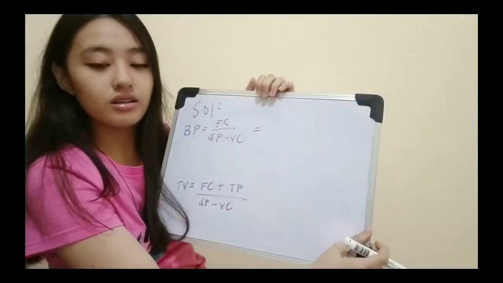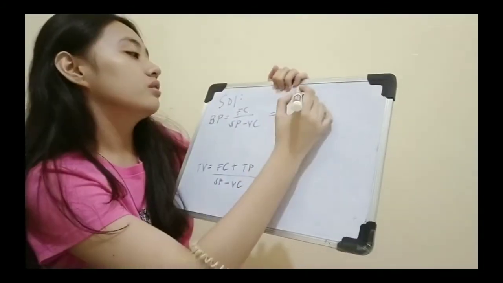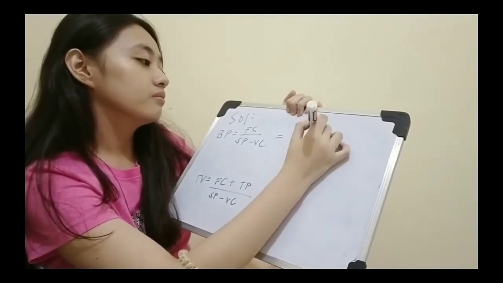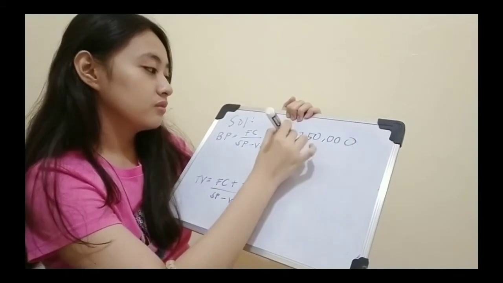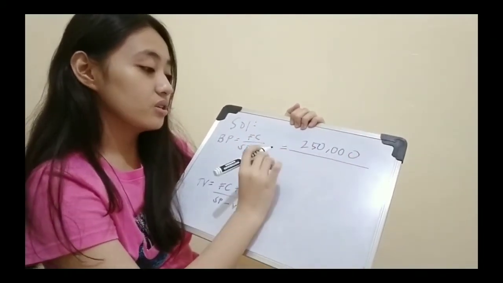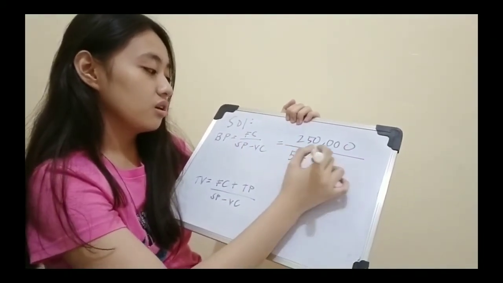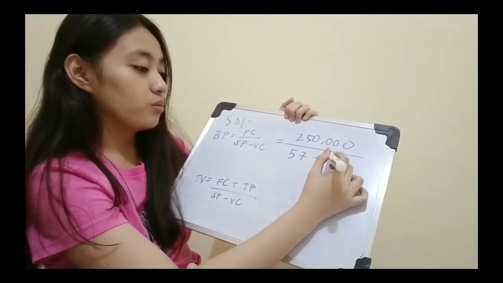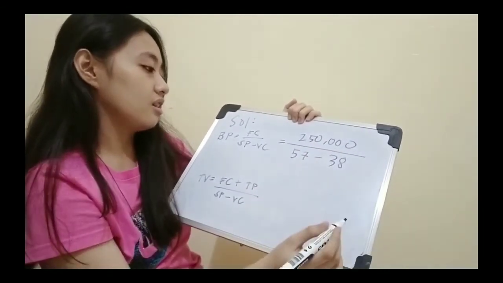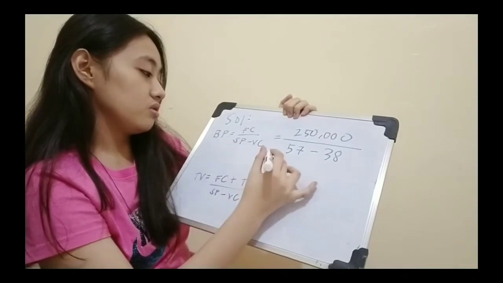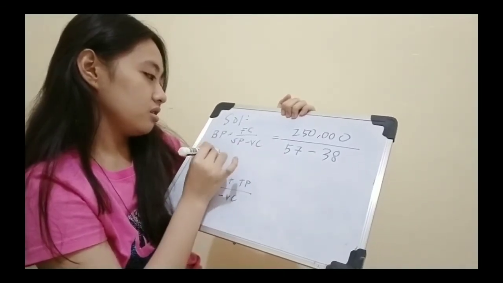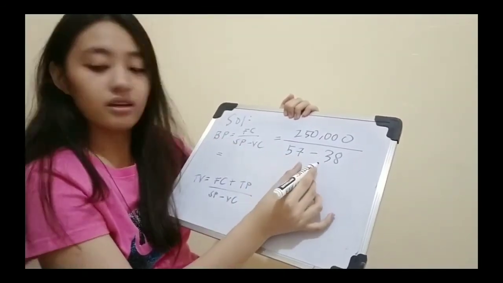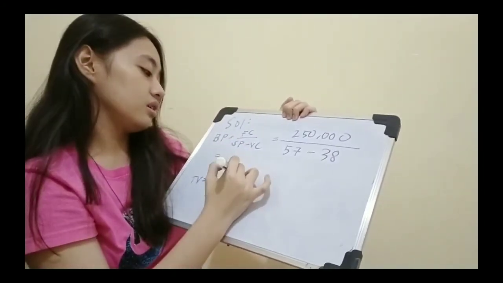So the fixed cost is 250,000 over the selling price, which is 57, minus the variable cost, which is 38, and then we're just going to simplify it here. 57 minus 38 is equal to 19.